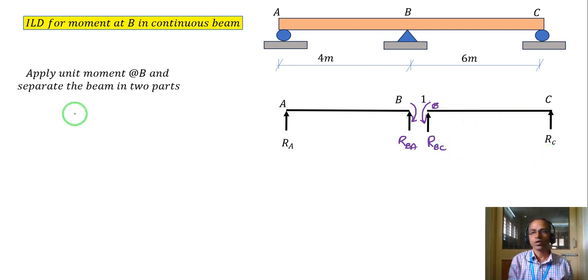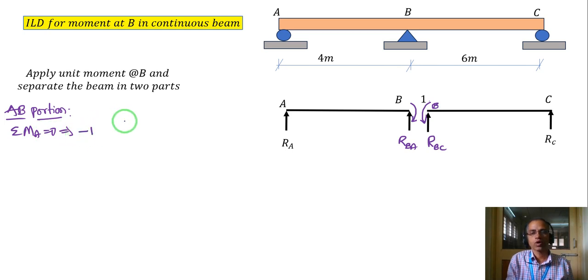Okay. So now taking moment at A for the AB portion, summation of moment at A equal to 0, so gives me -1. This is the moment, right? I am going towards the moment at A, that means I am going towards the LHS.